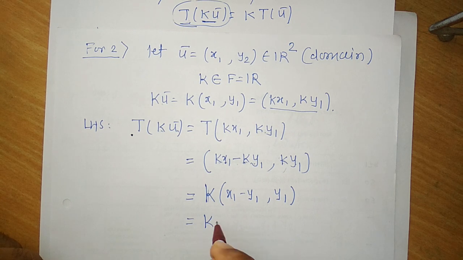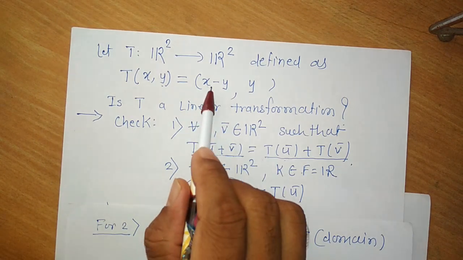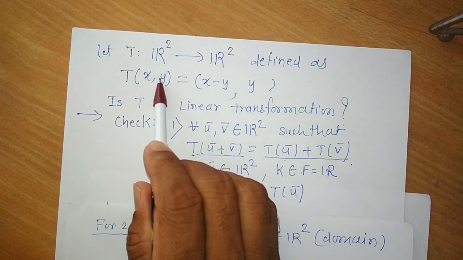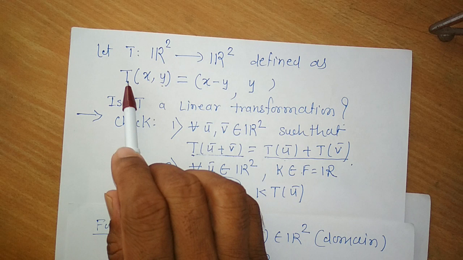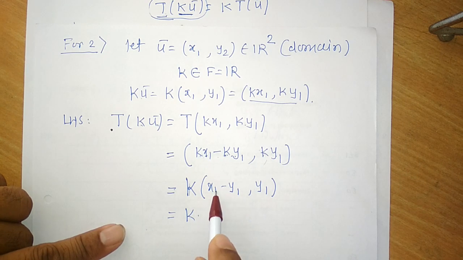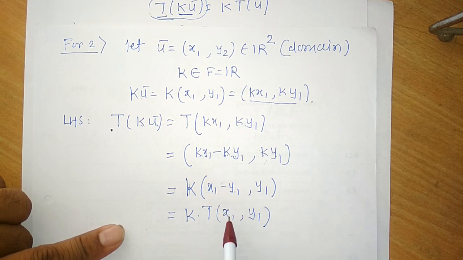This is the image of which vector? x minus y comma y is the vector which is the image of (x, y) under T. So we write this vector as T of (x, y). In the same way, x1 minus y1 comma y1 is the vector we can write as T of (x1, y1). So this vector is the image of (x1, y1) under T.